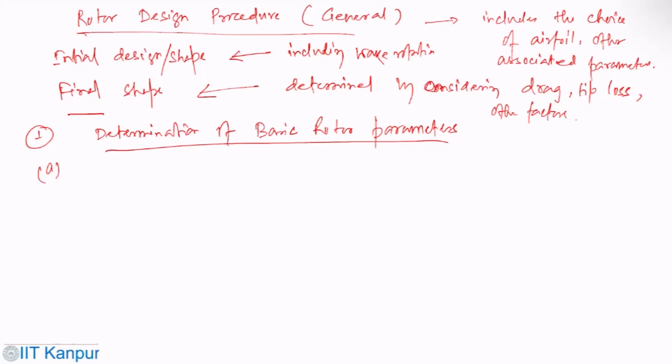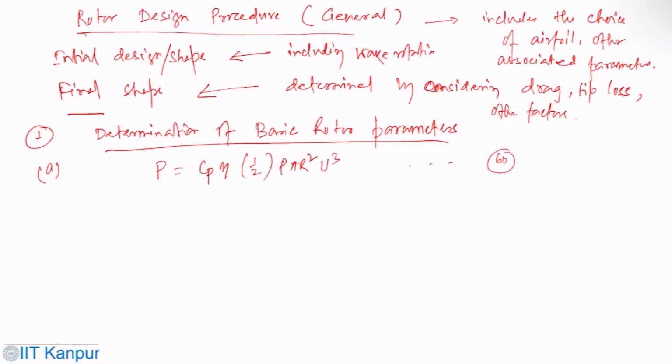To begin with, one can decide what is the power that is needed at a particular wind velocity U. So one can include the effect of probable CP and efficiencies eta for components like gearbox, generator, pump, etc. Then we can have P = CP eta half rho pi R squared U cubed.